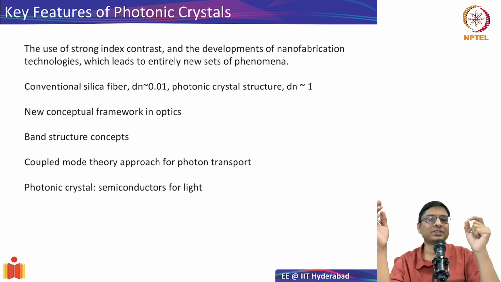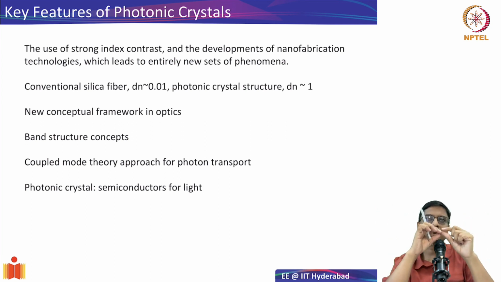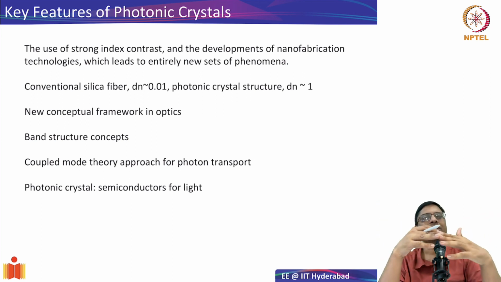One of the key features is that we should have a very strong index contrast to actually observe these band gaps. Otherwise you would not see it. This is different from a conventional fiber, wherein the difference between the index of the core and the cladding is very, very small. But in the case of photonic crystals, we want it to be as large as possible, and we can analyze them using concepts very similar to what we use in electronics.